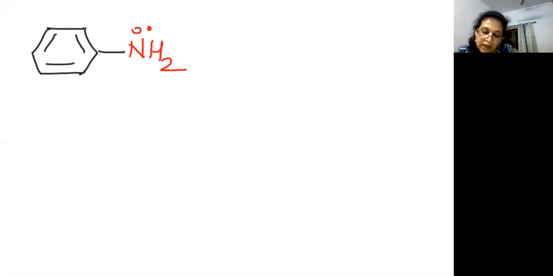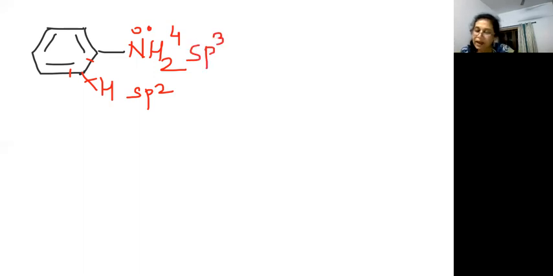In benzene, all the carbon atoms are sp2 hybridized, because we have 3 sigma bonds. So all of them are sp2 hybridized, and the nitrogen here has steric number 4, so it is sp3 hybridized. So let me write sp3 hybridized for it, and let's start making the structure.